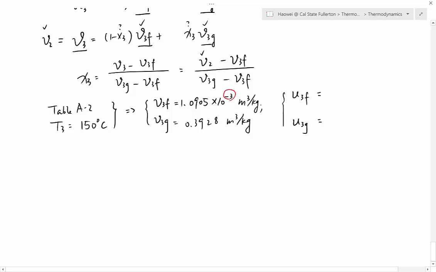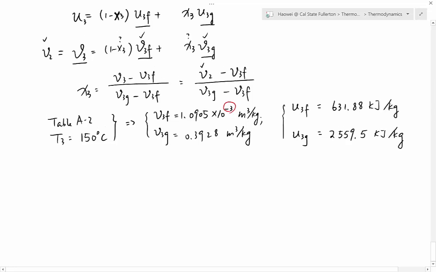And then UF is 631.88 kilojoule per kilogram, and U3G from the table is 2559.5 kilojoule per kilogram.